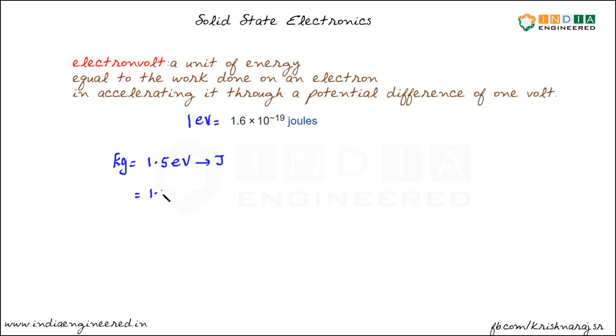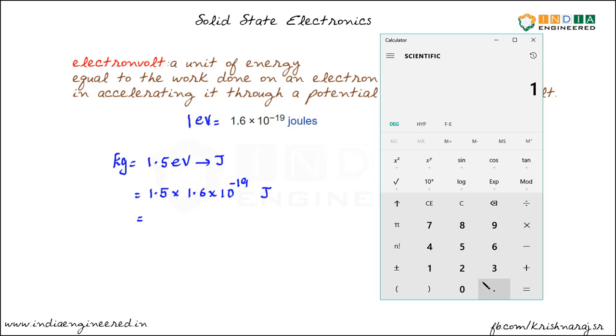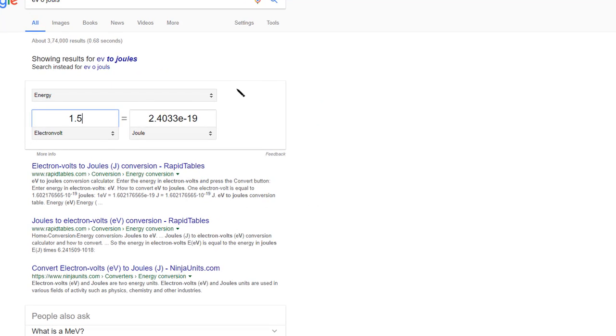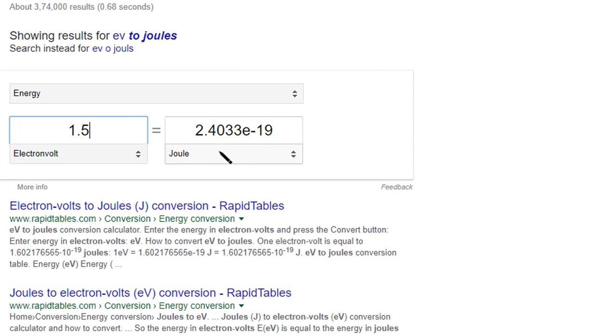So that is equal to 1.5 into the value of q, that is 1.6 into 10 power minus 19 joules. So that is equal to 2.4 into 10 power minus 19 joules. You can verify it here. Yes, that is. So 1.5 electron volt is equal to 2.4 into 10 power minus 19 joules.